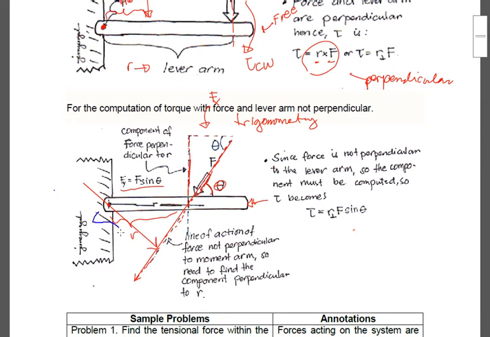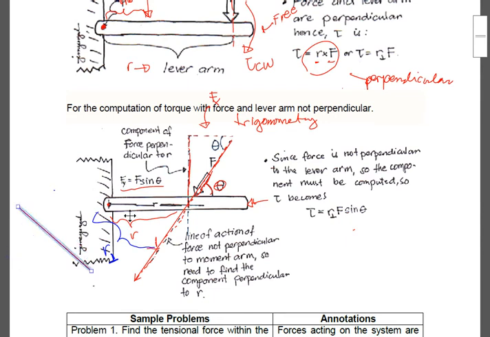So this can be our new R, which is perpendicular now to the line of action of force. So you are going to get this. I'm just going to bring it away and put it somewhere down the road.